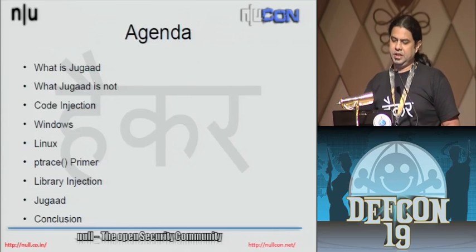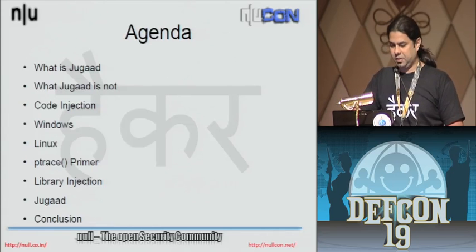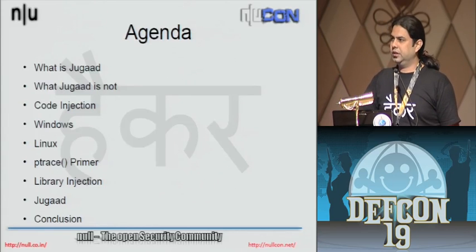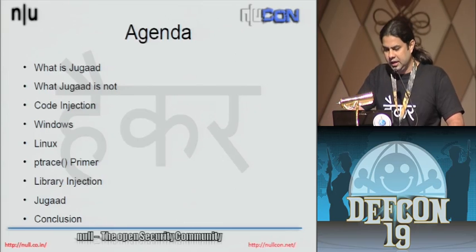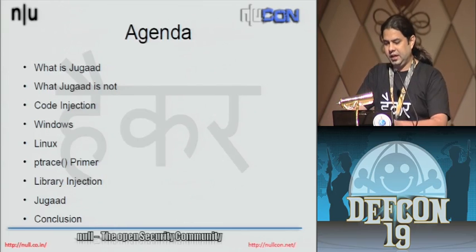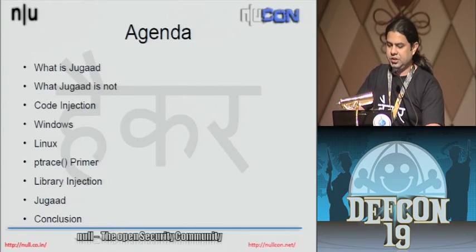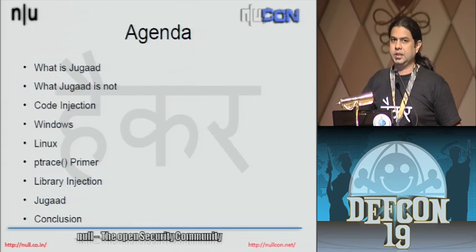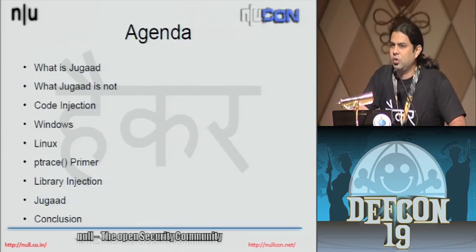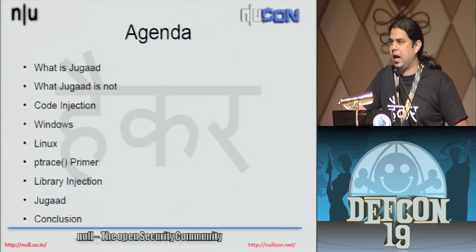All right, so the agenda for today is I'm briefly going to touch upon what the toolkit is, what it is not, and what code injection is, because I think most of you already know what different code injection techniques there are.